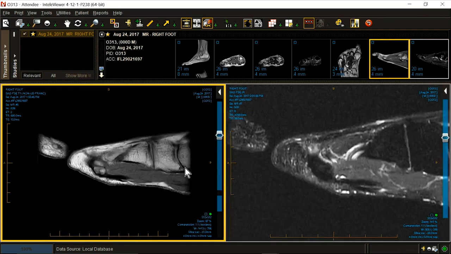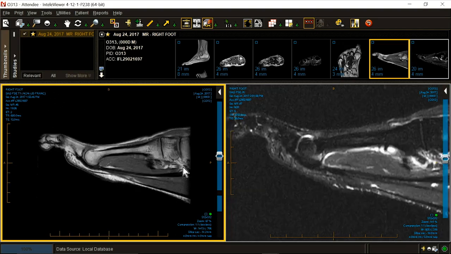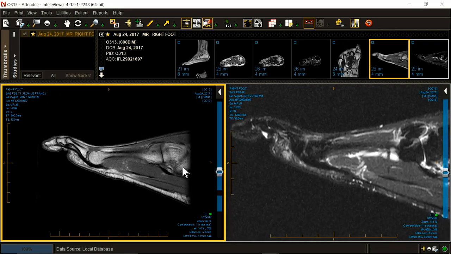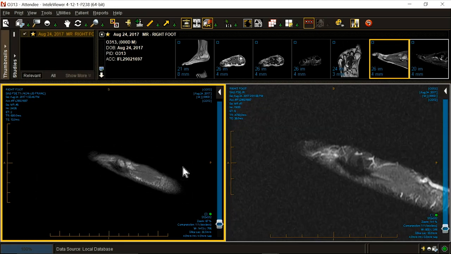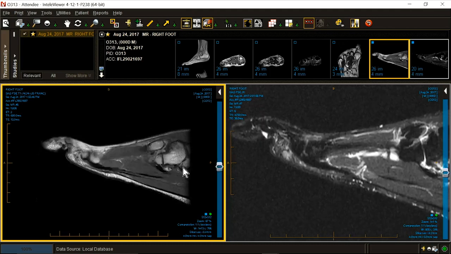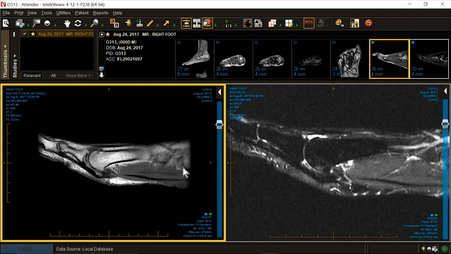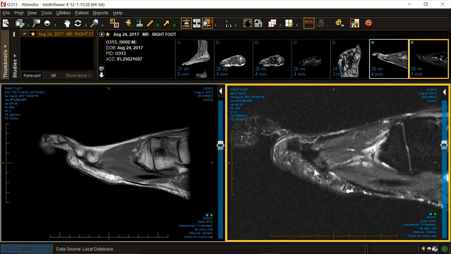It's a man, by the way. Presumably he's not a high heel wearer. So far, I'm underwhelmed by the marrow signal other than that which we've identified near the sesamoid.